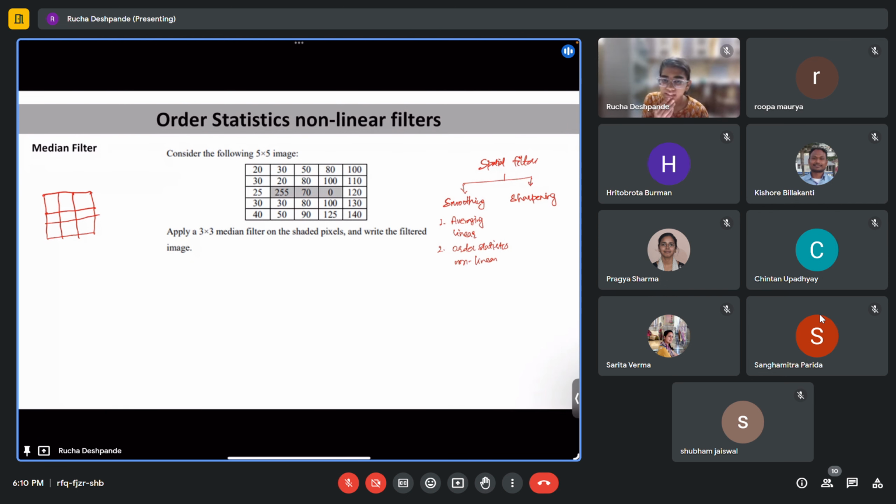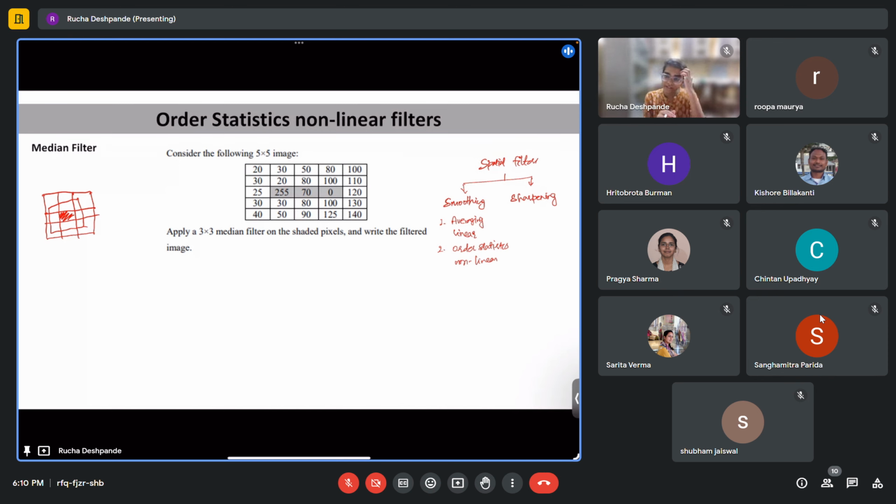The median filter is a type of order statistics nonlinear filter. If this is my central pixel, then we examine the neighborhood of this pixel, find the median value of all the 9 pixels, and the central value is replaced with the median.